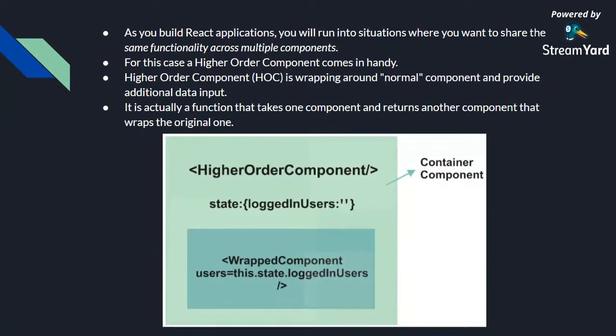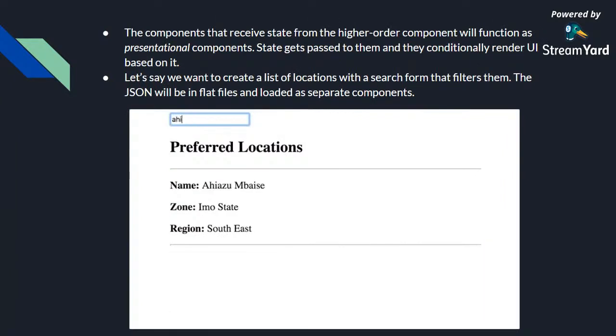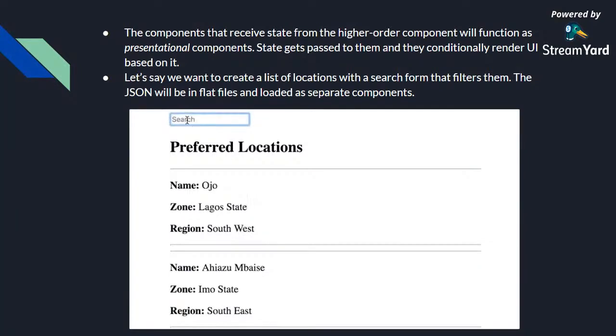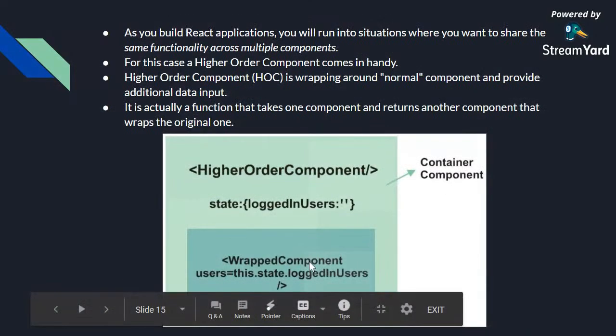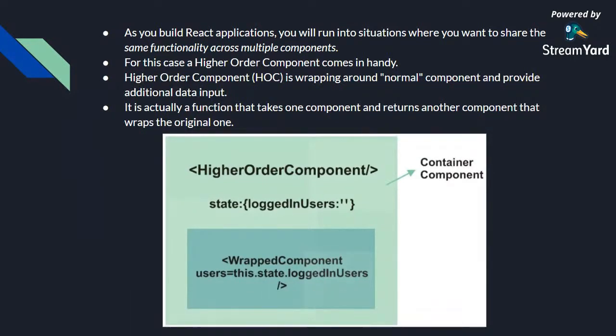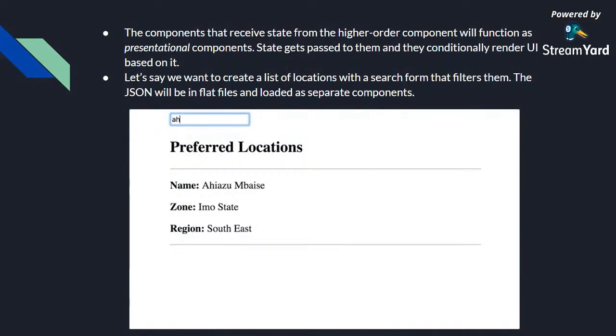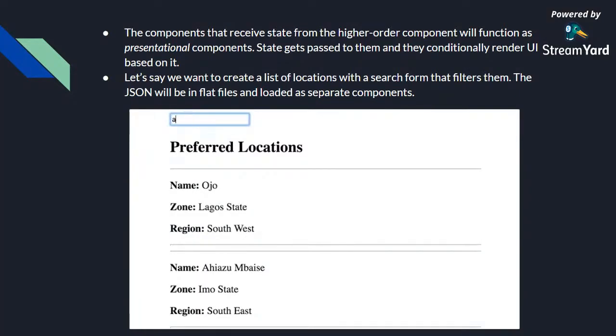Now, let's see an example of that. Components that receive the state from the higher order component will function as presentational components. The state gets passed to them and they conditionally render UI based on it.